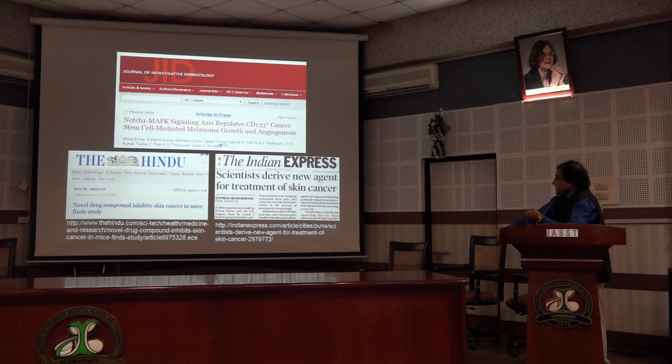A couple of newspapers actually read this and reported it. And there are drugs available today for the treatment of malignant melanoma patients, like dacarbazine, dabrafenib, etc. We tested those drugs in our CD133 positive melanoma-specific cancer stem cells, alone and in combination with andrographolide, and we find that andrographolide works in a similar way to how dacarbazine or dabrafenib work in melanoma.